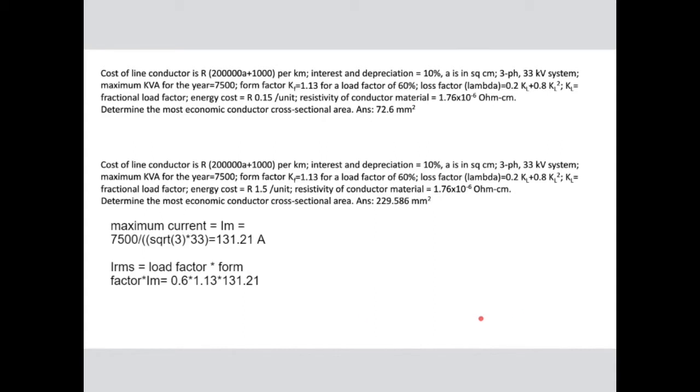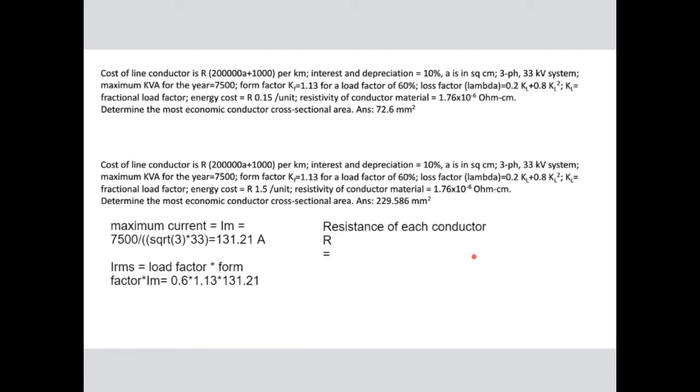So the next step will be to calculate the resistance of each conductor. The same thing that we consider for each and every problem.